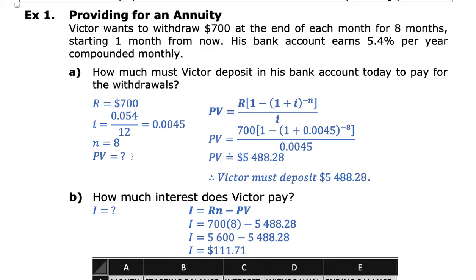Now in this case here we're talking about a loan, but the same principle applies. We are going to be withdrawing $700 each month for 8 months. So the present value, meaning how much today is equal to this amount, is $5,488.28.